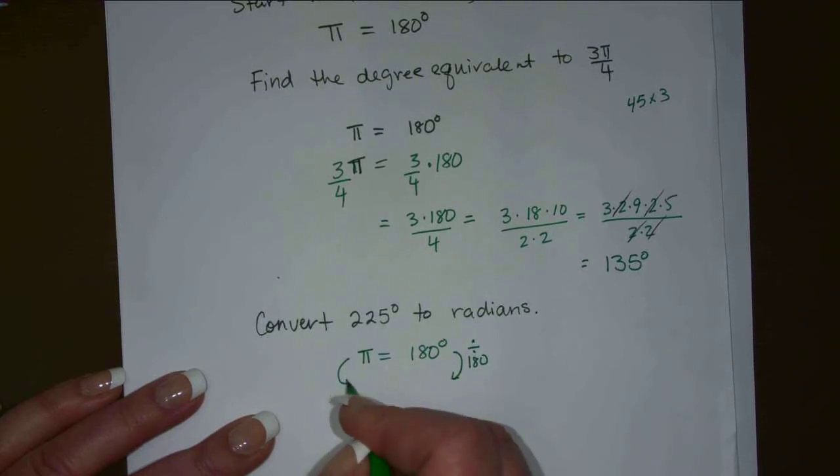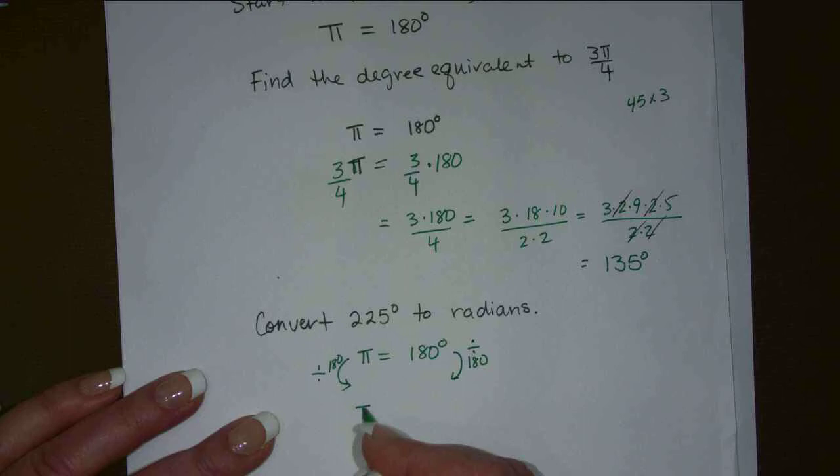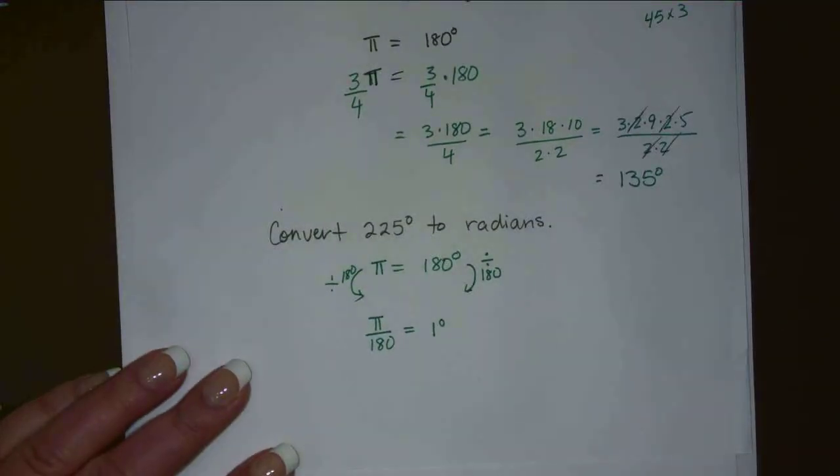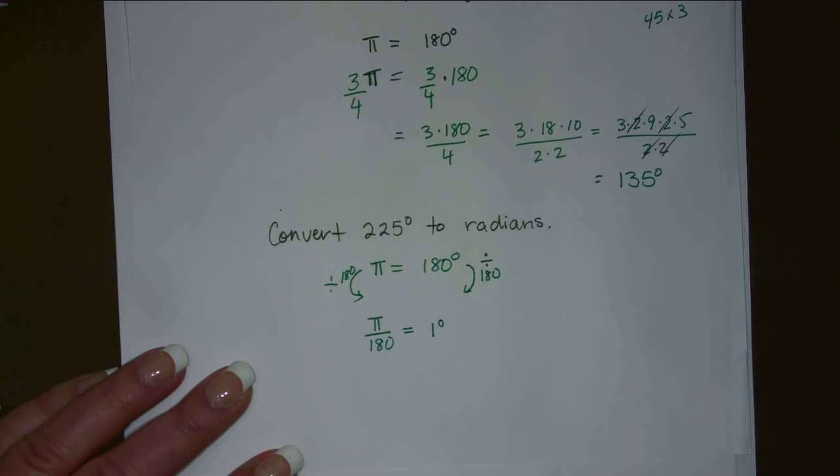We'll also divide this side by 180. So we will have something that we did to both sides. What's 180 divided by 180? 1. Okay. So this is called going through 1. Okay, so we made it now 1 instead.